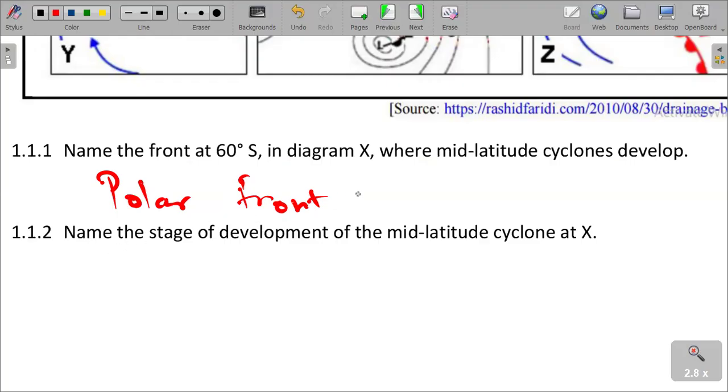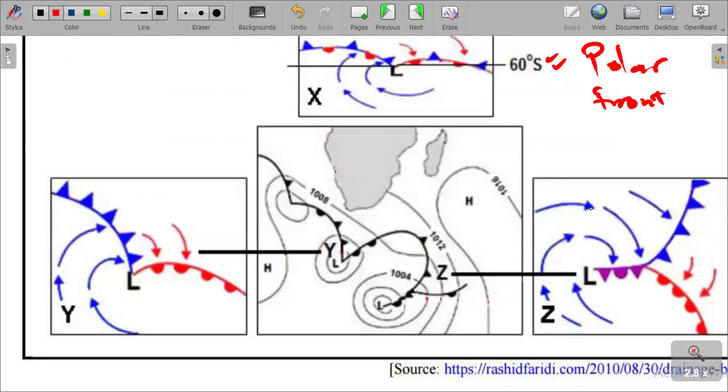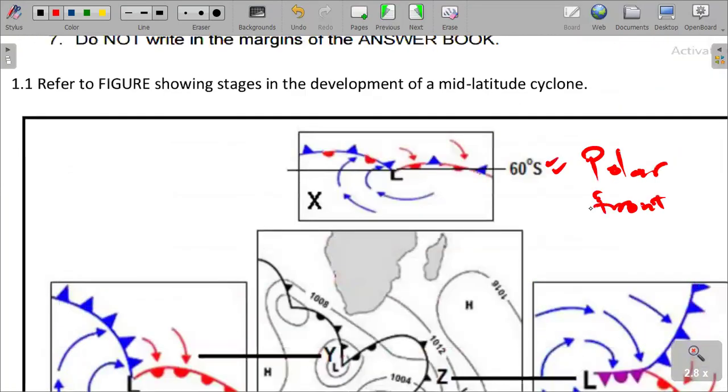And name the stage of development of the mid-latitude cyclone at X. At X, if you look at the diagram, we are still seeing the formation. It is the initial stage, which is showing the formative stage.